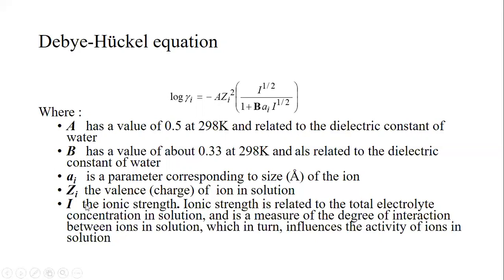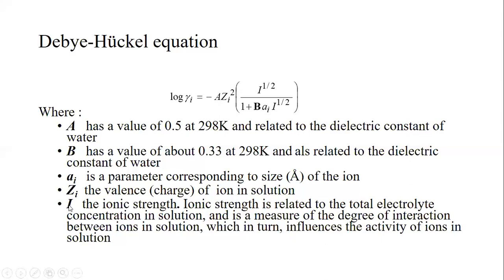Okay, so the ionic strength is related to the total electrolyte concentration in solution and is a measure of the degree of interaction between ions in solution, which in turn influences the activity of ions in solution.